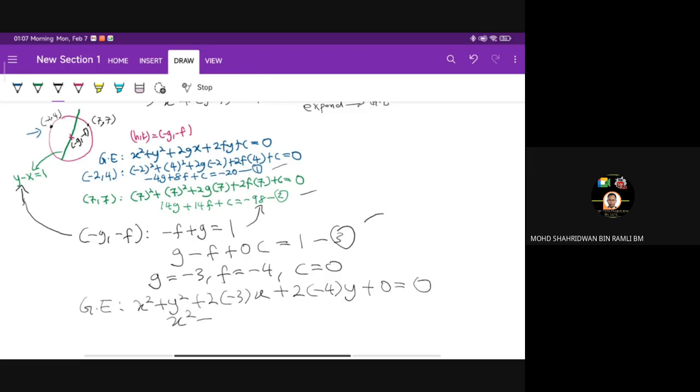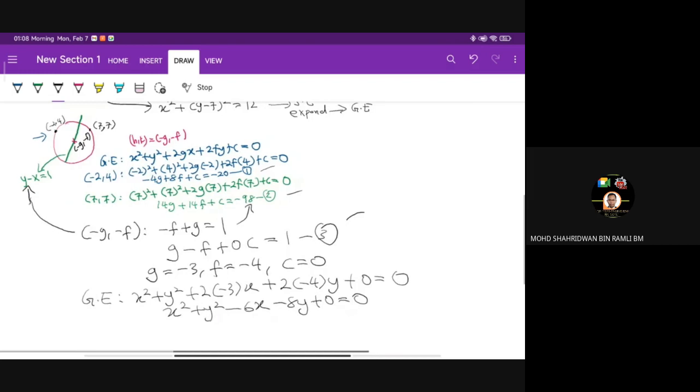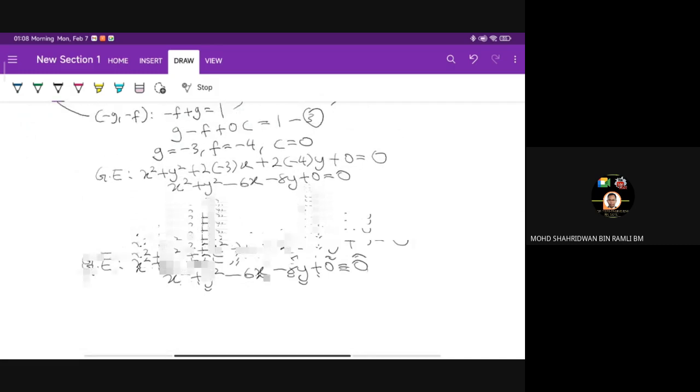So you will have x squared plus y squared minus 6x minus 8y plus 0 equals 0. So this is your general equation, if I'm not mistaken. I used my calculator, so if there is something wrong here, we will discuss later. Okay, so next.